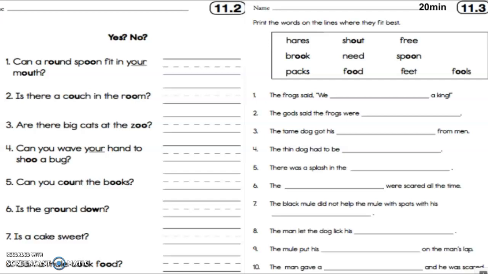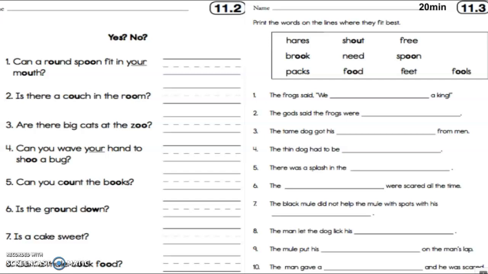Can you wave your hand to shoo a bug? Number 5. Can you count the books? Number 6. Is the ground down? Number 7. Is a cake sweet? Number 8. Can a mule cook food? So we're going to answer yes or no to those questions in 11.2.